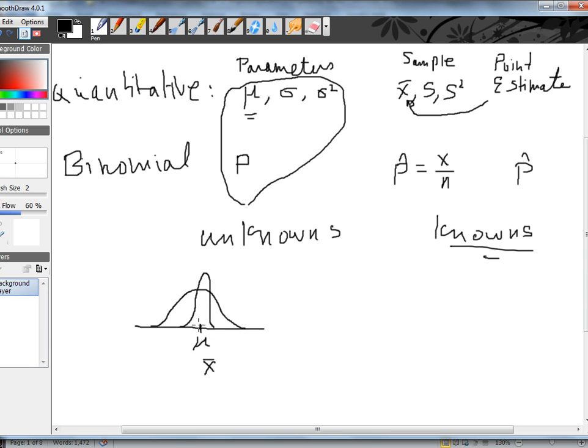That makes the variance smaller, or standard deviation smaller. And also I want the distance between mu and x bar, so x bar may be on this side, but I want the distance between them to be as small as possible. So these are good properties, and that's why we pick x bar and p hat to estimate mu and p, because these have good properties.